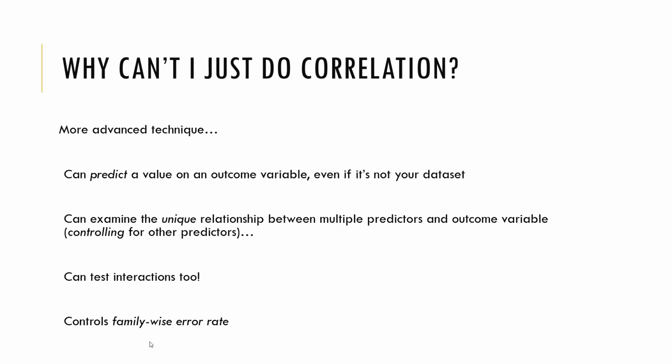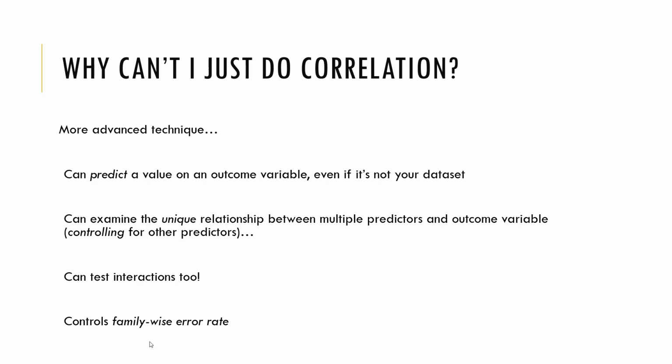You can't have a variable with more than 2 categories just entered into the model. You have to do something to it to make it work. But you can create interactions between 2 dichotomous variables, between a dichotomous and a continuous variable, and between 2 continuous variables as well. So it's quite useful in that respect. Obviously, it depends on your hypotheses as to whether you would do that or not.